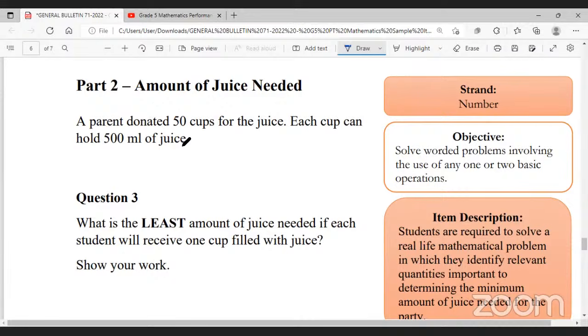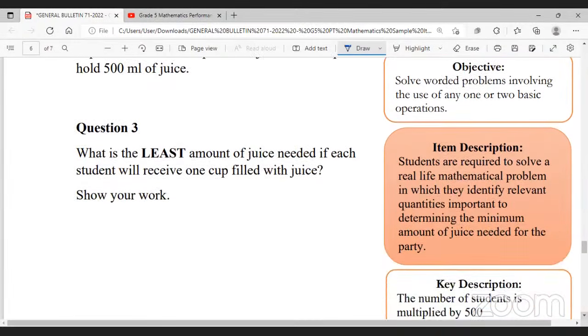So a parent donated 50 cups of juice. Each cup of juice can hold 500 milliliters of juice. Question 3 asks us, what is the least amount of juice needed if each student will receive 1 cup filled with juice? And we use our working notes. We can use this space to show our working notes.